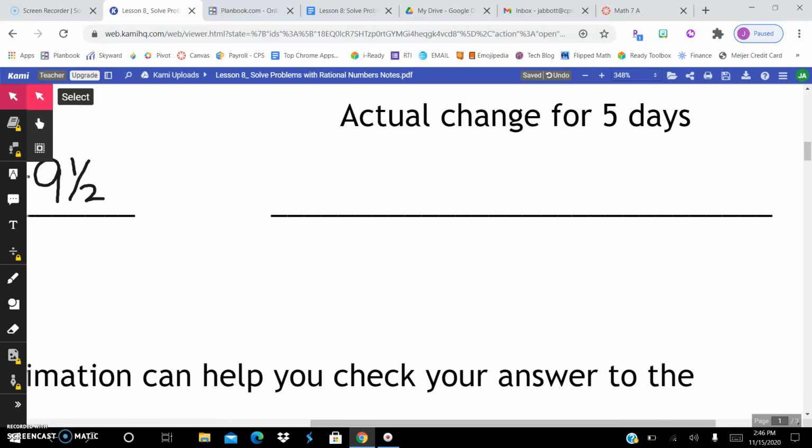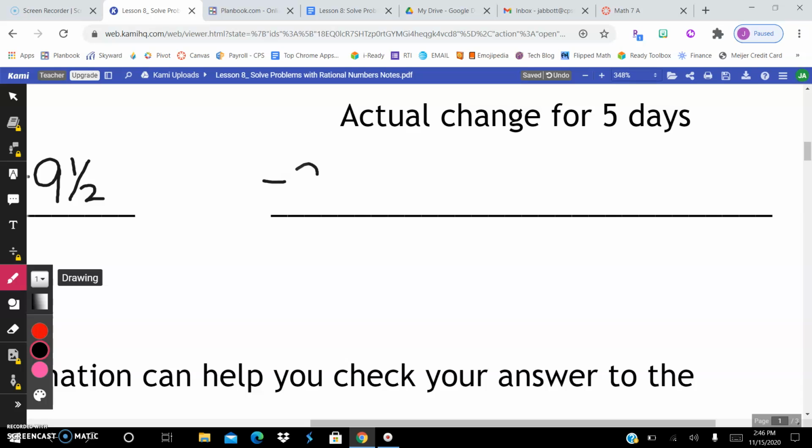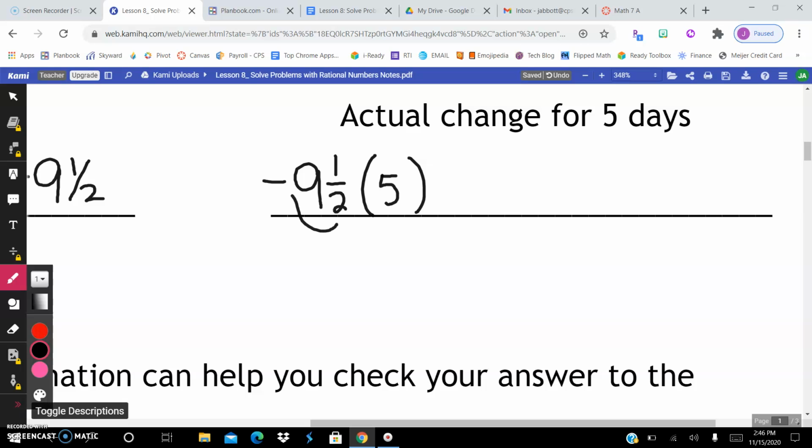Then they want what is the actual change for 5 days. So we just learned that we are losing 9.5 a day, and we have to times that by 5. So what I'm going to do is make negative 9.5 improper. So 2 times 9 is 18. Plus 1 is 19, so we have 19 over 2, and that's negative.